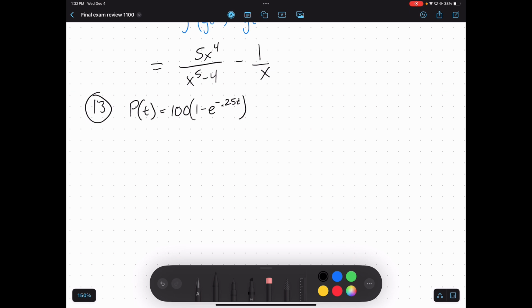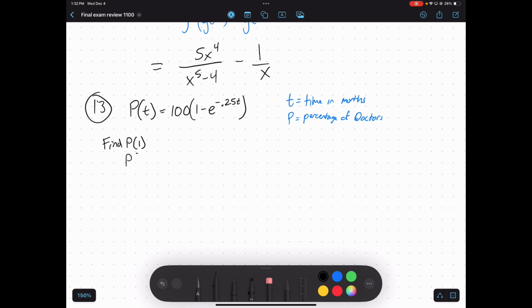Okay, well first, and then it says, t is time in months. And P represents the percentage of doctors.